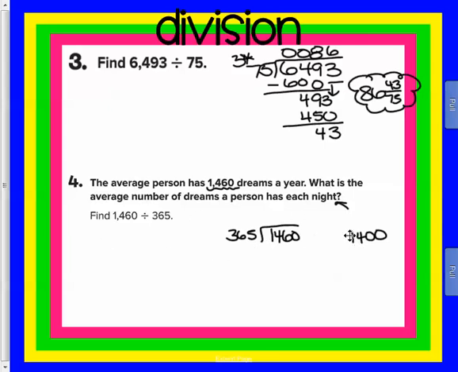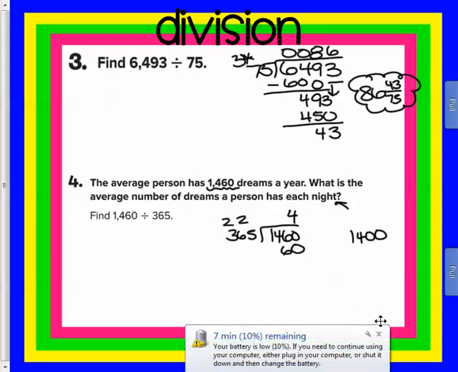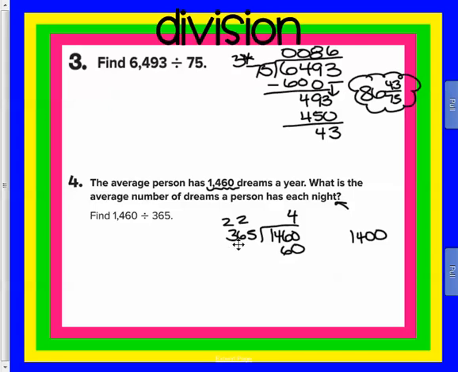So I know that it could either be a 3 or a 4 because it goes 3, 6, 9, 12. Okay, so that would be 4. Or if I thought of this as a 400, it would be 400, 800, then 1,200. So let's start with 4 and see if it works. 4 times 5 is 20. 4 times 6 is 24, plus 2 is 26. 4 times 3 is 12, plus 2 is 14.